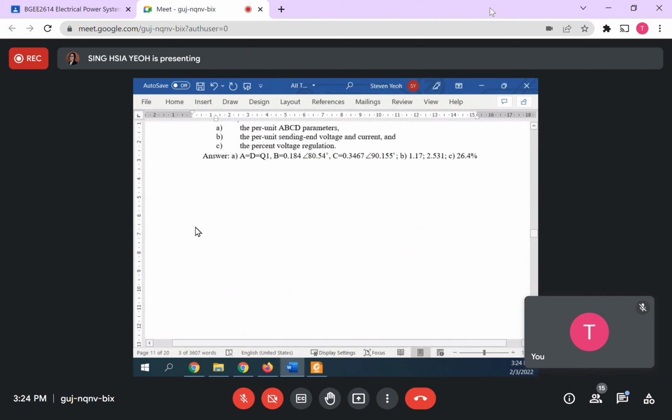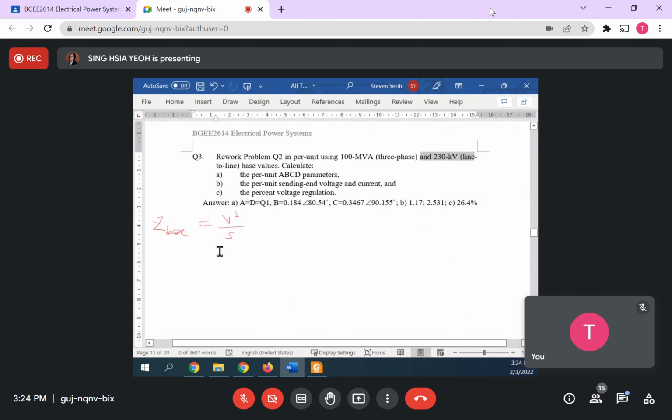So you need to find out z base. So z base will be equal to V squared over S, the base values. So it is 230 squared over 100 MVA. Okay, so z base you are going to get 529 ohm.